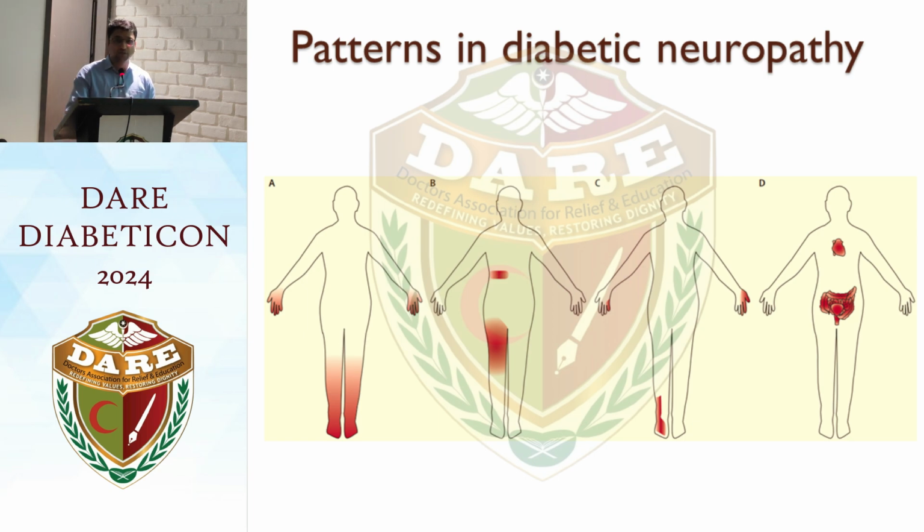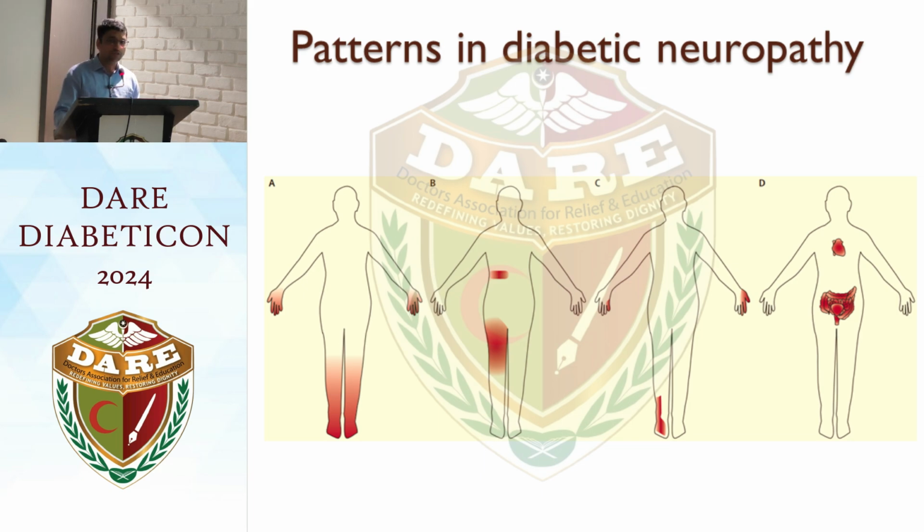So we call it glove and stocking distribution or length-dependent neuropathy. The length-dependent neuropathy pattern is seen in diabetic polyneuropathy as well as small fiber neuropathy. Apart from that, treatment-induced diabetic acute neuropathy, which we see, these all three forms of peripheral neuropathies will have this kind of presentation.